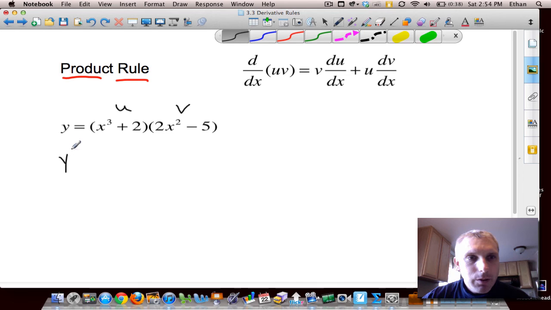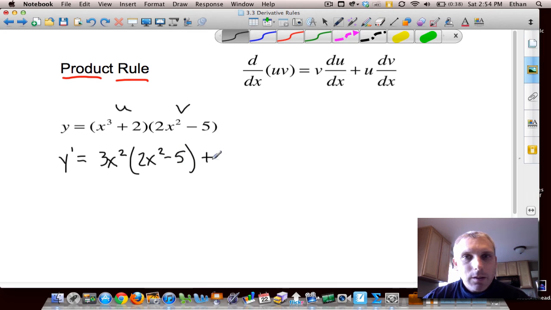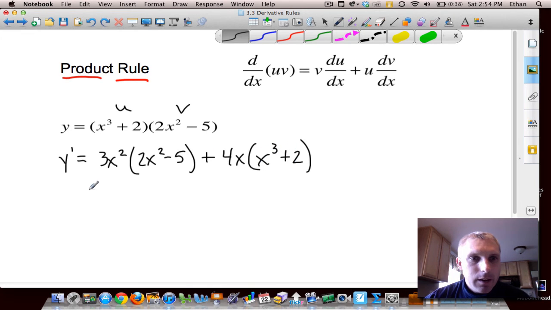So here we go. If I do that, I think in my head, derivative of the first times the second, plus derivative of the second, which is going to be 4x, times the first. And I am going to do a little bit of simplifying here.